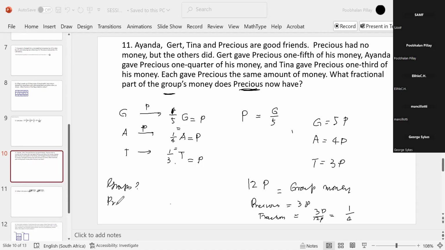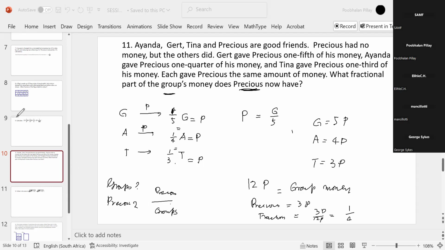At the end of the exercise, to calculate the answer, you put Precious over the group's. So that is why we have to calculate the group's money altogether, and we got it in terms of just a single symbol, and that is how we were able to get the answer.